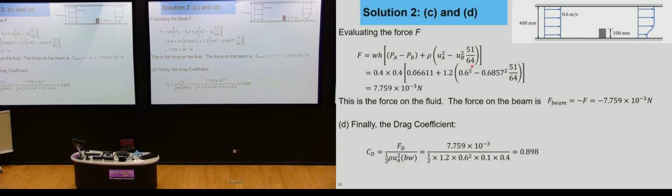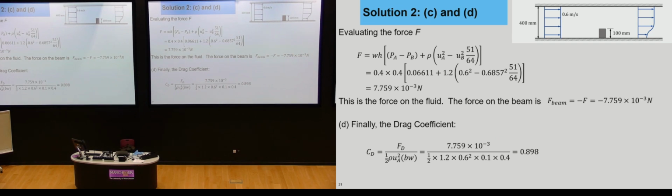In this case, the area is the height of the beam, 100 millimeters, times the width of the channel. We put in all our values, and there is our drag coefficient. So part D of the question is one line. Okay, it's very, very quick, but working out the force is quite involved.